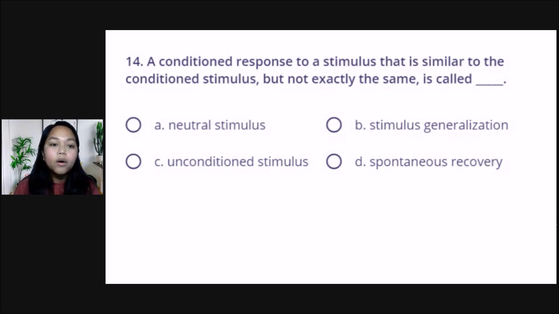Now, sabi dito, a conditioned response to a stimulus that is similar to the conditioned stimulus but not exactly the same is called, if you see a stimulus that is similar but not exactly the same, tapos yung response mo ay parehas, this is called what? Kunwari, yung boyfriend mo ay long hair. Okay?